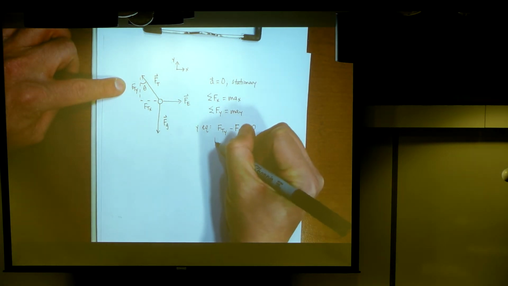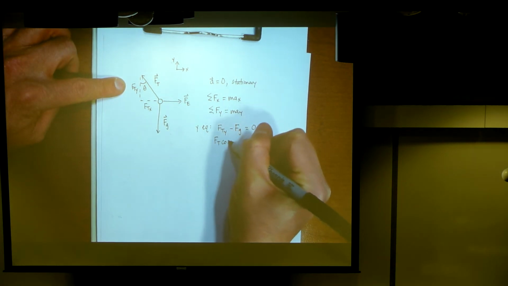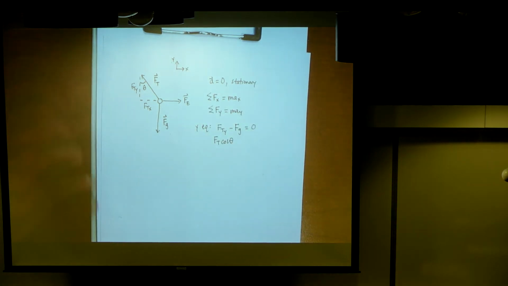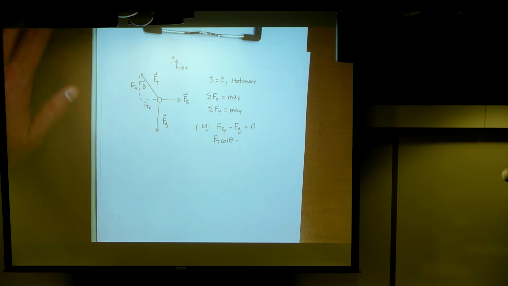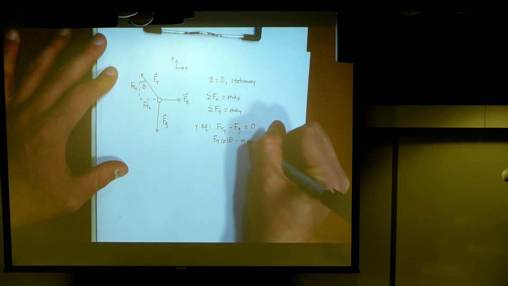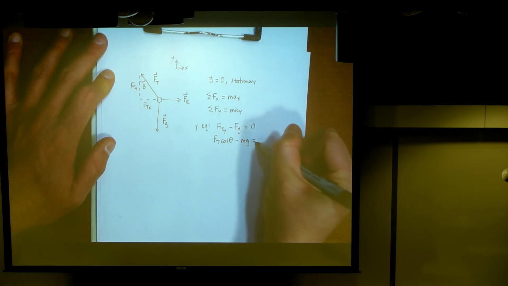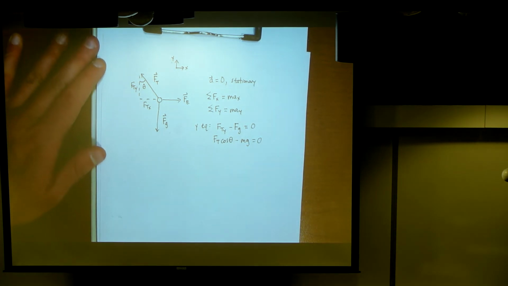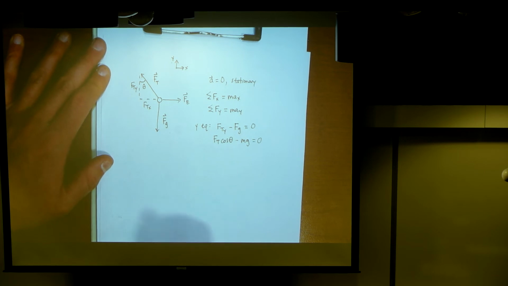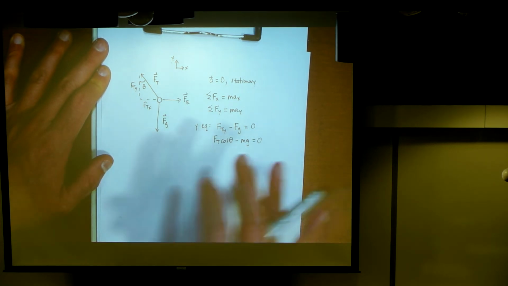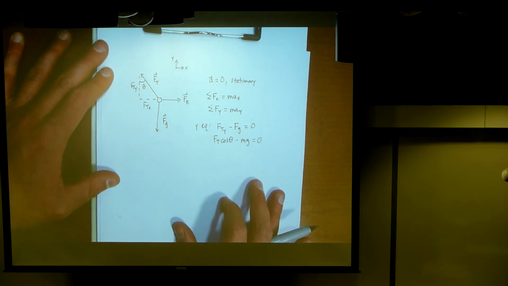So I'll write this as Ft cosine theta. And then how do I express the force of gravity, generally speaking? This is just m, the mass of the ball, times g, acceleration due to gravity, equals 0. So that's going to be our y equation. We'll do something with it later, but just keep it like this for now.